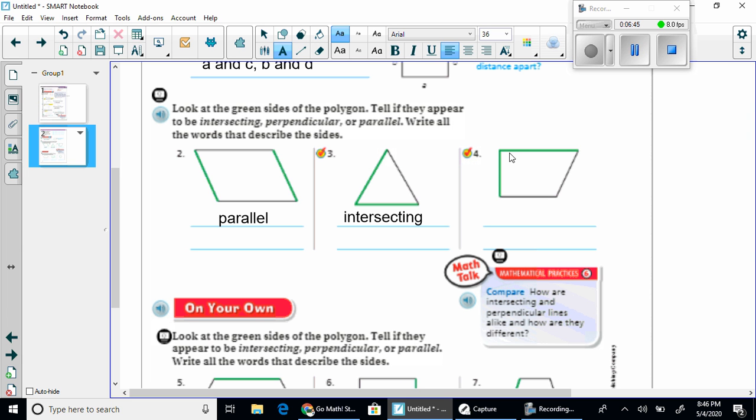So these lines where they meet also form a right angle, so they would be both intersecting and perpendicular. So I would have 2 ways to describe the sides of this polygon. So intersecting and perpendicular.